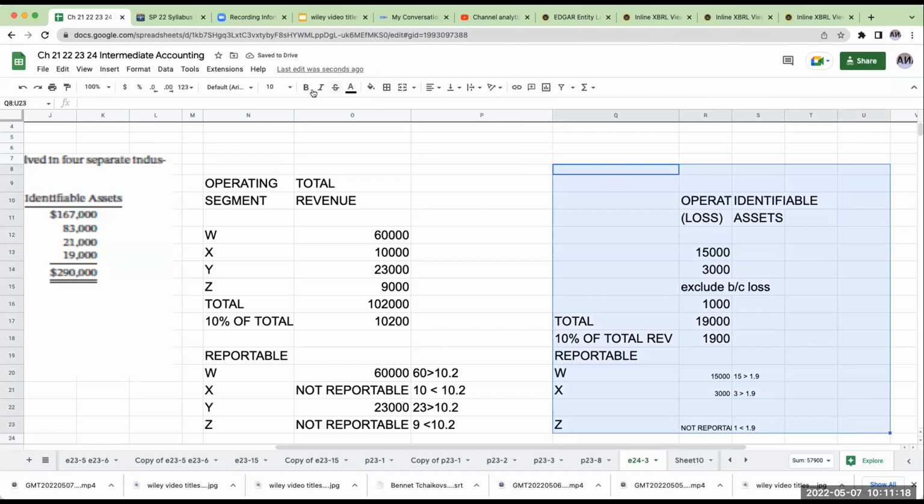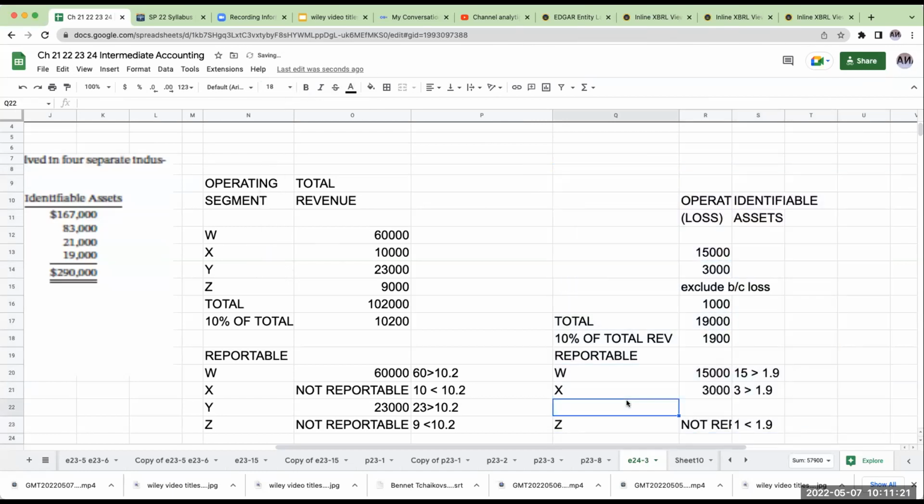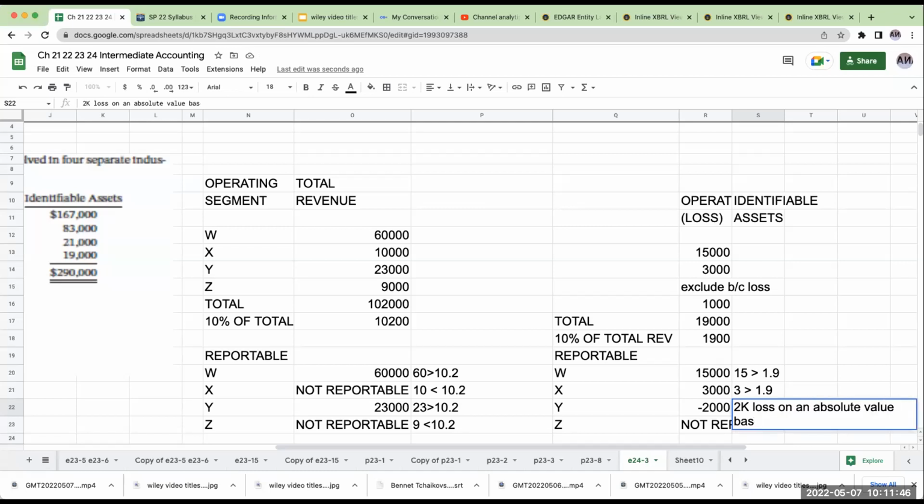Now, the not so obvious one is when I look at this loss. I'm going to look at it from an absolute value standpoint. This is going to be reportable because the 2,000 loss, on an absolute value basis, is greater than 1.9.